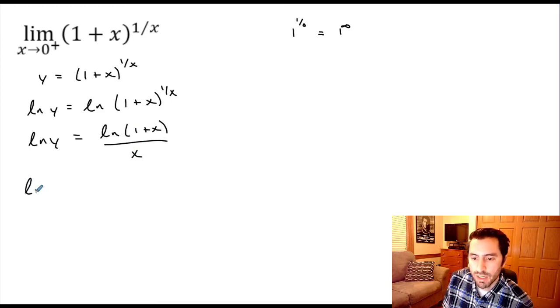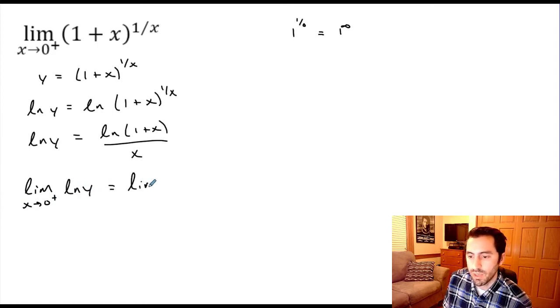So now let's take a look at the limit as x approaches 0 from the right of the natural log of y, which means we want to take a look at the limit of this expression, the natural log of (1 plus x) all over x.